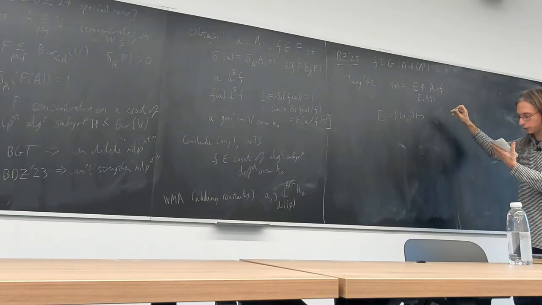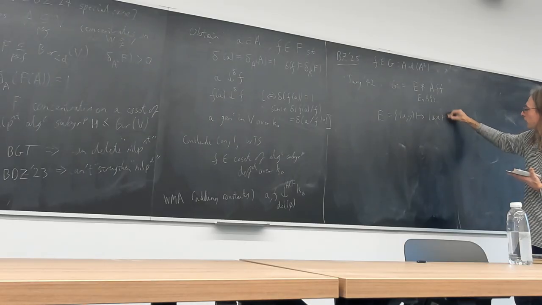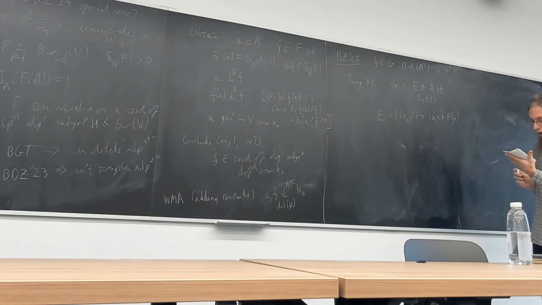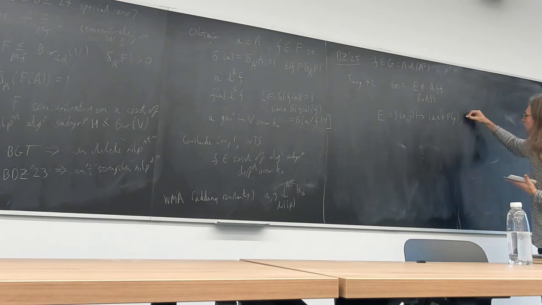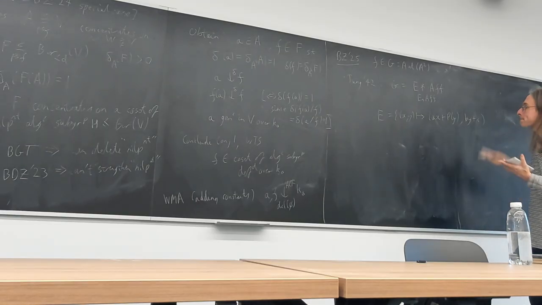But let me write it out. So in general, it's the maps (x, y) goes to (ax plus a polynomial in y, by plus c), where p is a polynomial and a, b, and c are elements of the field.